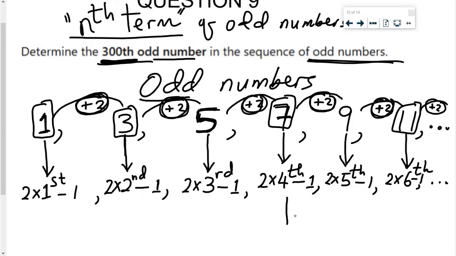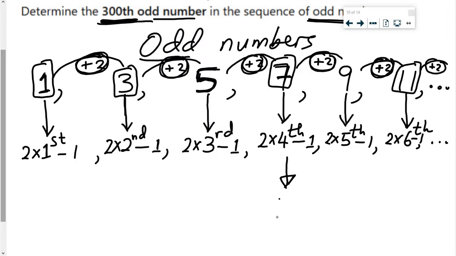Now, can we get the so-called nth term? Yes, we can. You'll do n into 2, which will be 2n, then minus 1. You can see here, we are minusing 1, we are minusing 1, we are minusing 1, we are minusing 1.